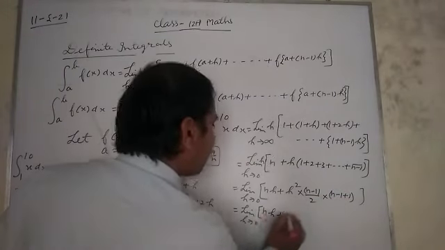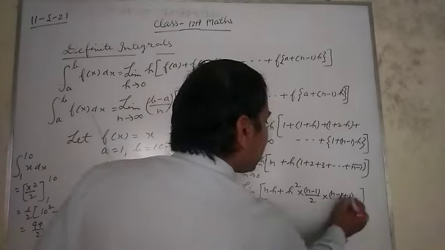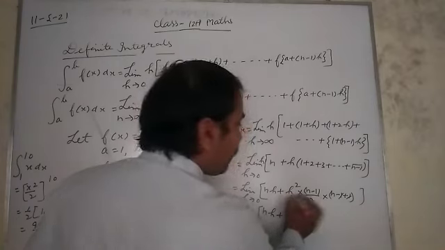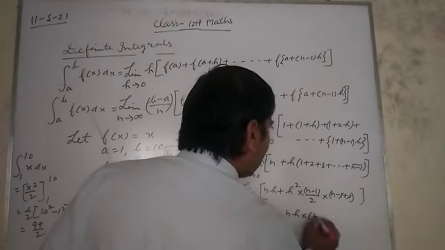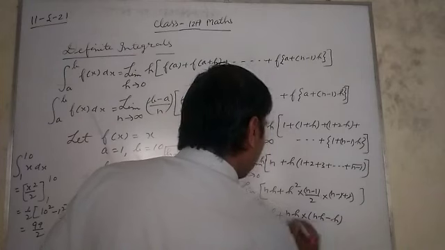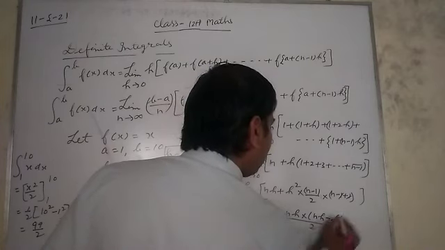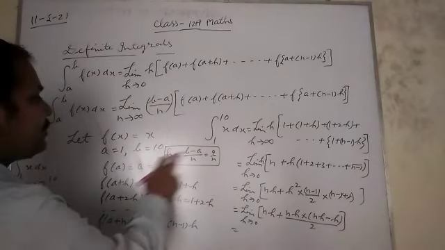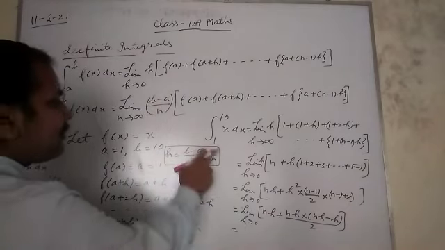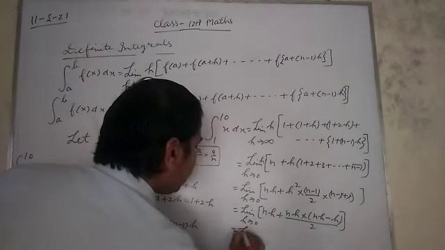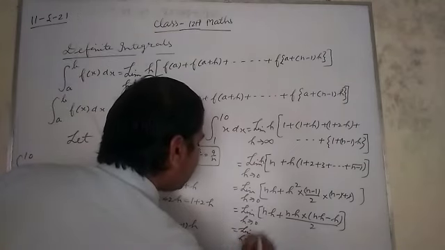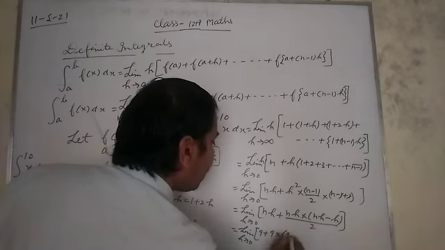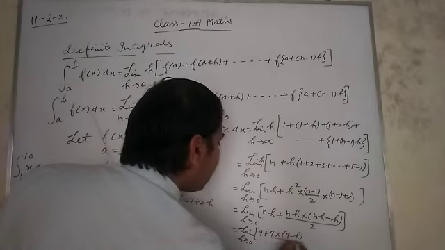Then simplify it. So nh plus, this cancels, so h with that, nh into, and by h multiply in bracket, so nh minus h upon 2. From here you see h is equal to 9 upon n, so nh will be equal to 9. So limit h tends to 0, here 9 plus, again, 9 into (9 minus h) upon 2.